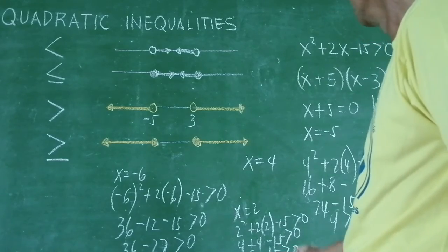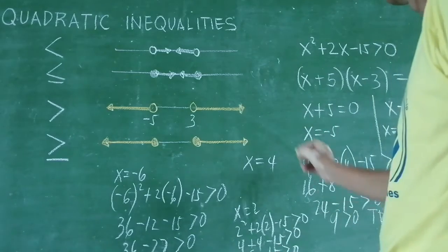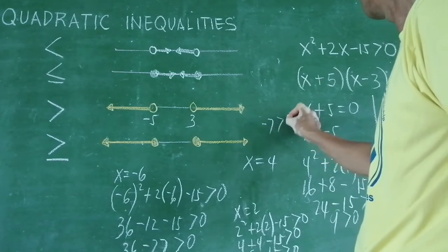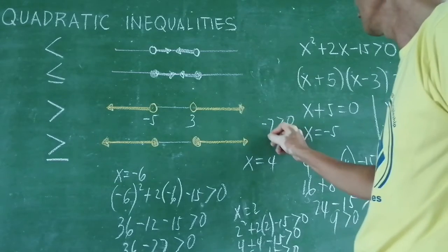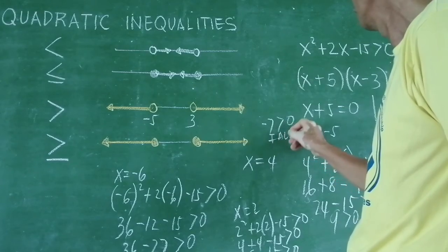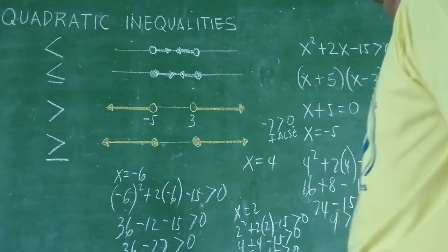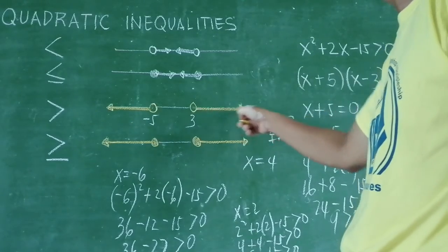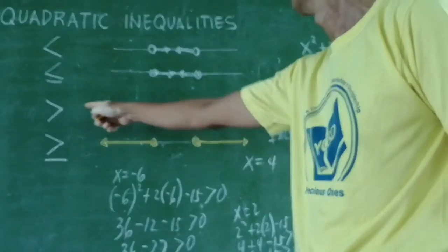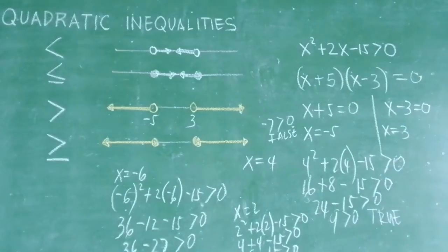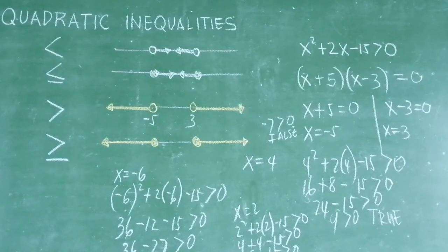So that will be negative 7. Negative 7 is greater than 0. So we say this is false. If it is false, that's not a solution to the inequality. So the solution is going away in opposite directions.